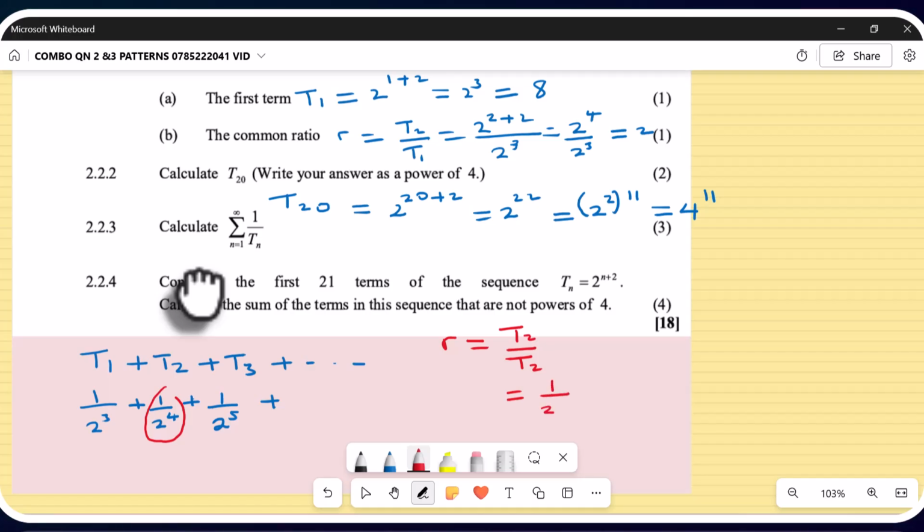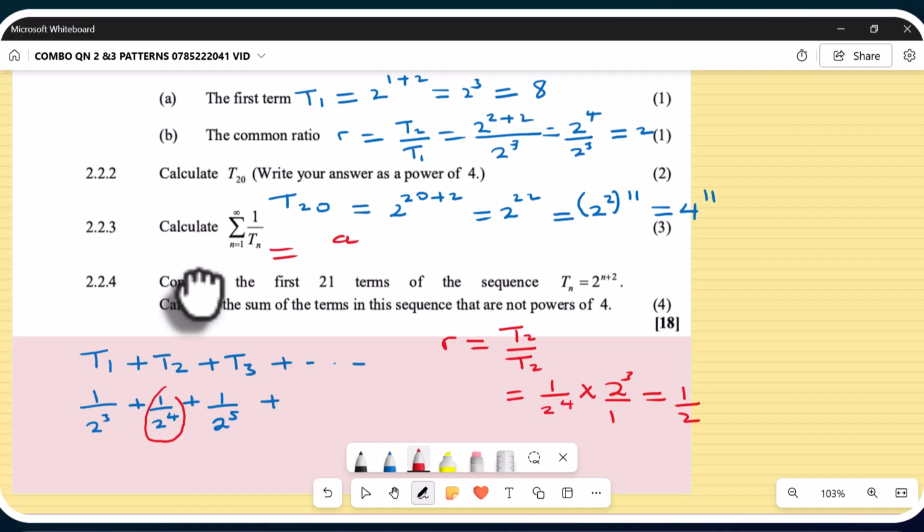Plus 2 power 7, and also you can say plus 2 power 8. There are so many terms here, but we are looking for those terms which are not powers of 4. Last time when you used 21, you got 2 power 3.